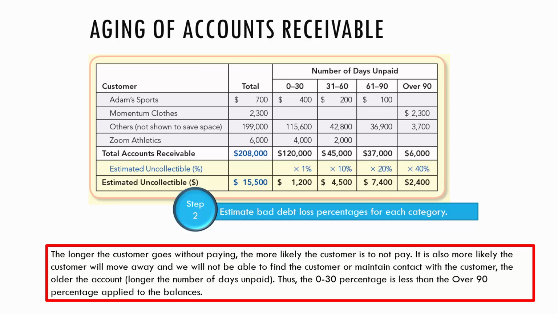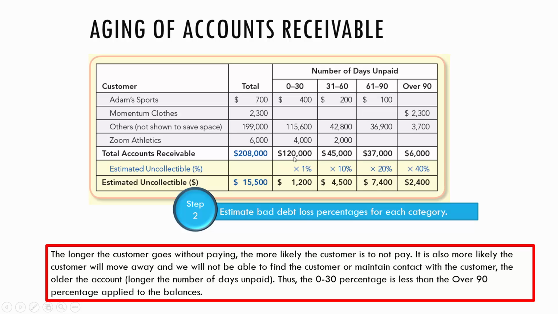Our second step is to estimate our bad loss percentages based on each category, so in the number of days unpaid. As we said before, if it goes out to 3 months and this customer has not paid on it, there's a greater probability, here it's a 40% probability, that they will not pay versus 20%, 10%, and only a 1% probability that they're not going to pay if they're keeping their accounts fairly current.